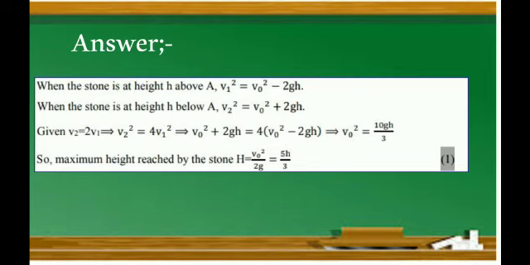This implies v0 square plus 2gh is equal to 4 into (v0 square minus 2gh), giving v0 square is equal to 10gh by 3. So maximum height reached by the stone is v0 square by 2g. Option 1, it's 5h by 3.